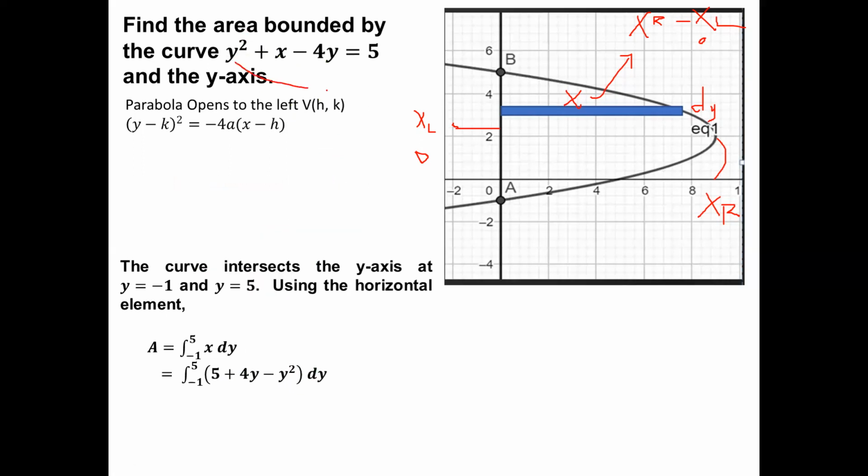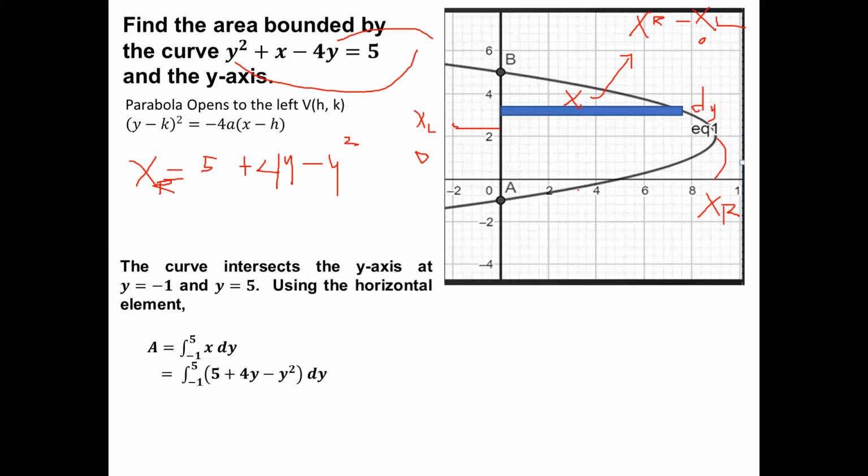We're going to transpose y square to the right, negative 4y to the right. That is why we have x is equal to 5 plus 4y minus y square. At ito yung XR natin.